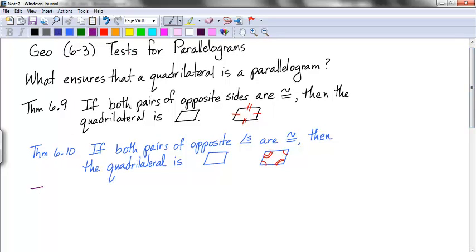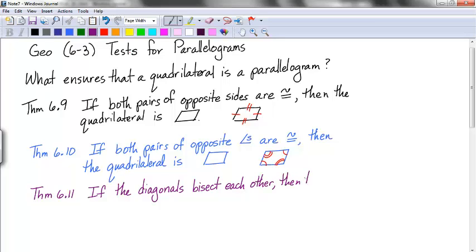Okay, then theorem 6.11 is another way to tell. If the diagonals bisect each other, then let's just abbreviate quadrilateral. You know what it is now. Is a parallelogram.